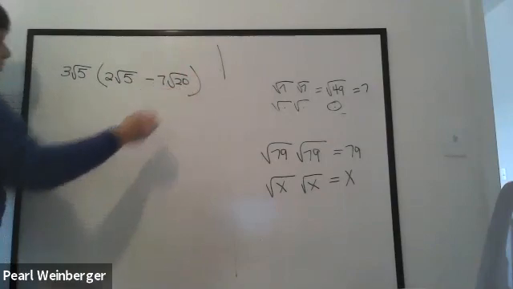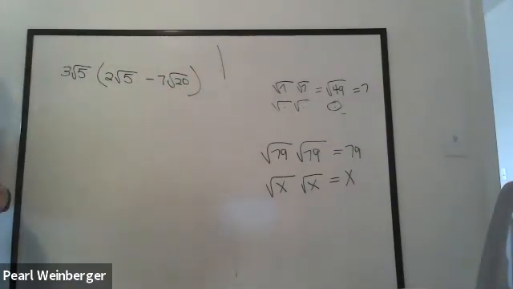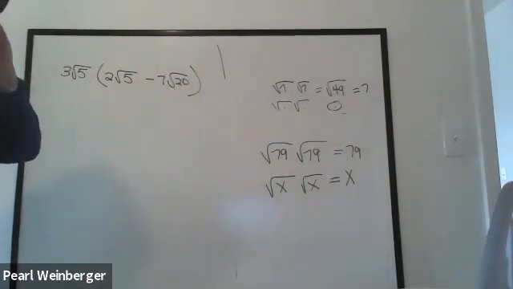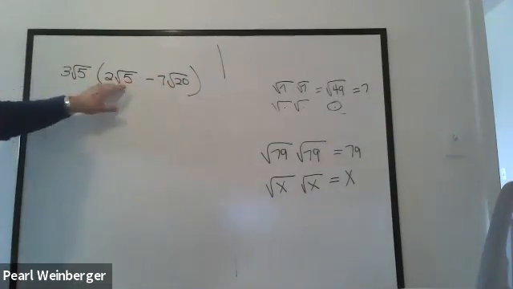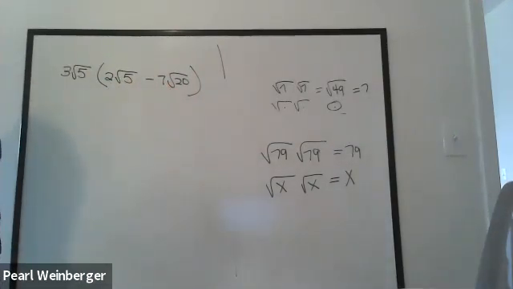Let's say I gave you that question. Well, these two are not like radicals. I could try and simplify them, but I'm not going to. I'm first going to do the multiplication. I'll simplify at the end if I can.